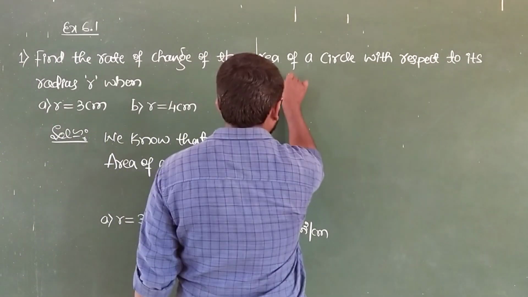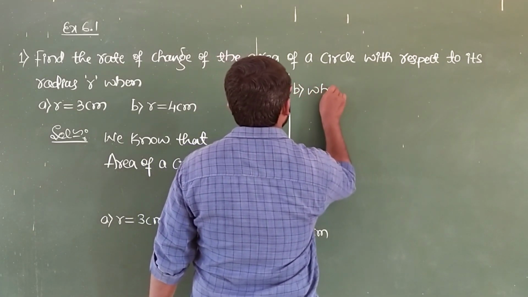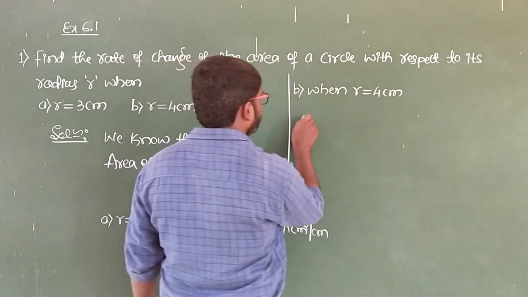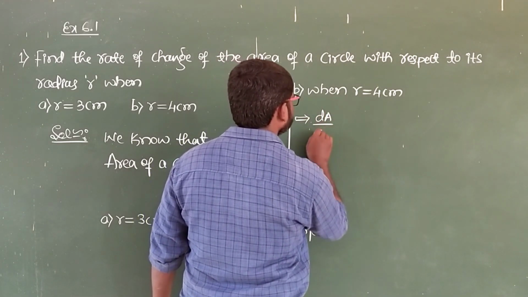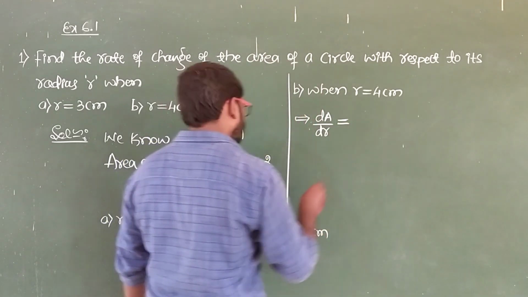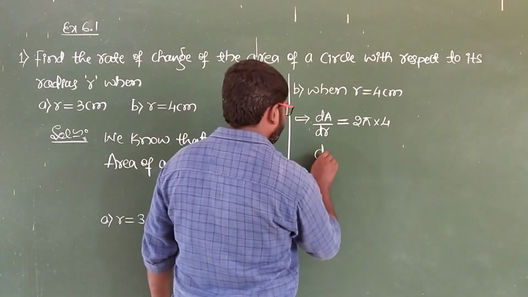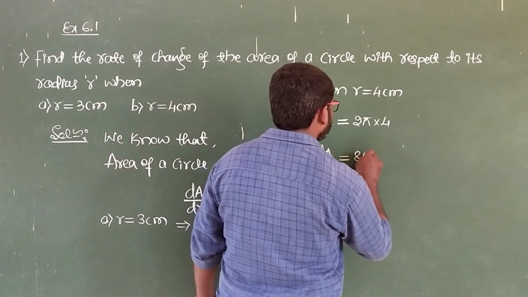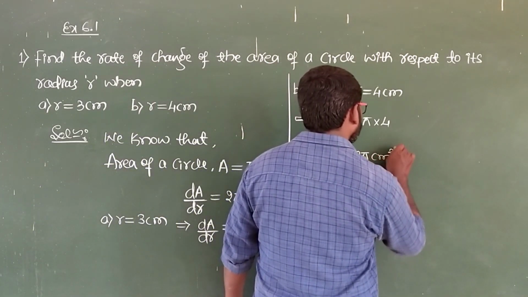Now we will go for the second case, that is case B. When r equals 4 centimeter, dA by dr equals 2 pi into 4. So dA by dr equals 8 pi and we will write the unit. So again it is centimeter square per centimeter.